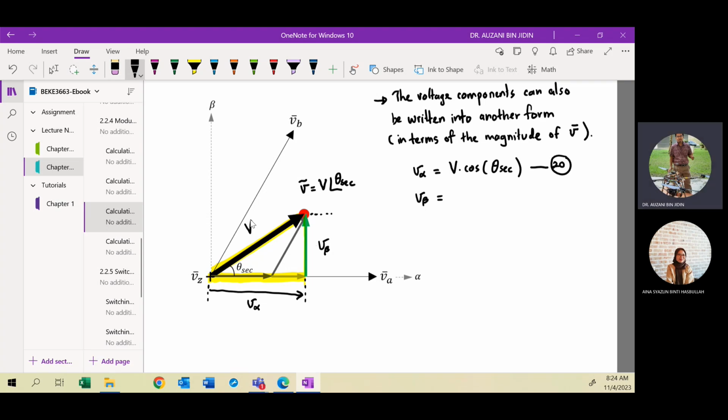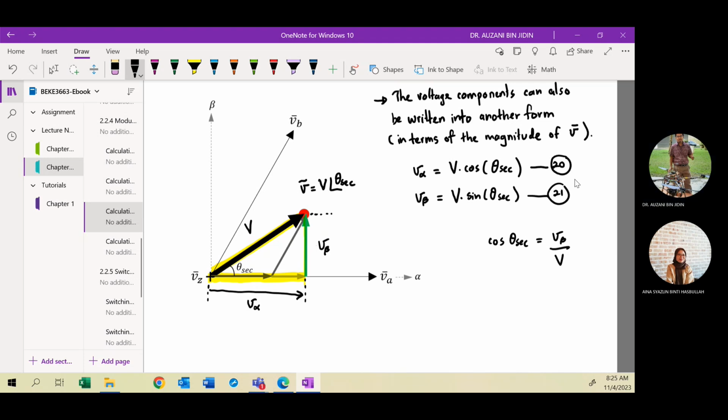You apply the sine function because you want to calculate V beta, which is the opposite side. Sine theta sector is V beta divided by the hypotenuse V. Clear? Then you rearrange this equation to solve for V beta. So you have the magnitude V and sine. This is equation 21.